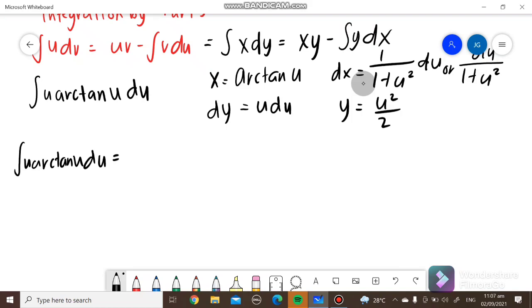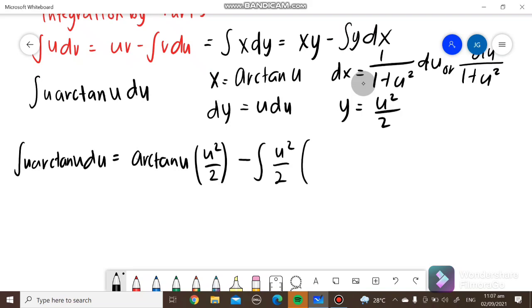We will have the value of x, which is arctangent of u, multiplied by y, which is u squared over 2, minus the integral of y, which is u squared over 2, multiplied by du all over 1 plus u squared, because this is our dx.